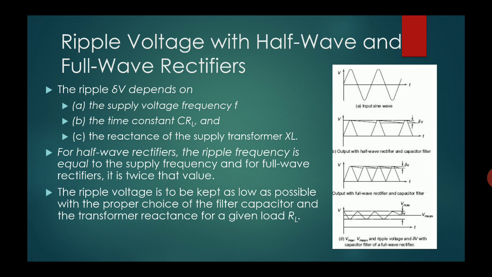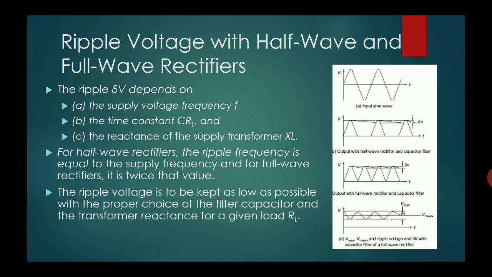At this point there are certain concepts you have to keep in mind. One is that the time constant of the smoothing capacitor should be at least 10 times the supply frequency period. Next, the ripple for a half wave rectifier is more than the ripple of the full wave rectifier.